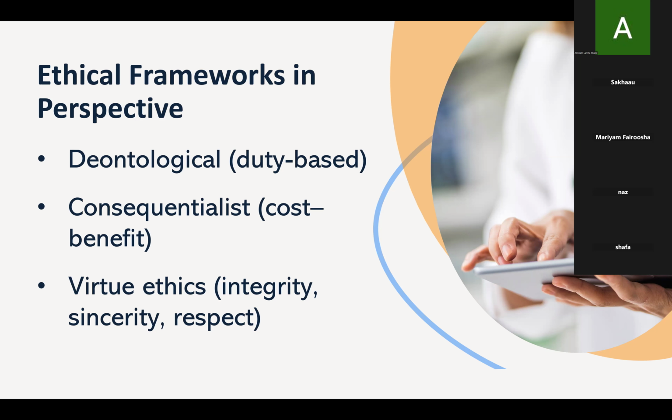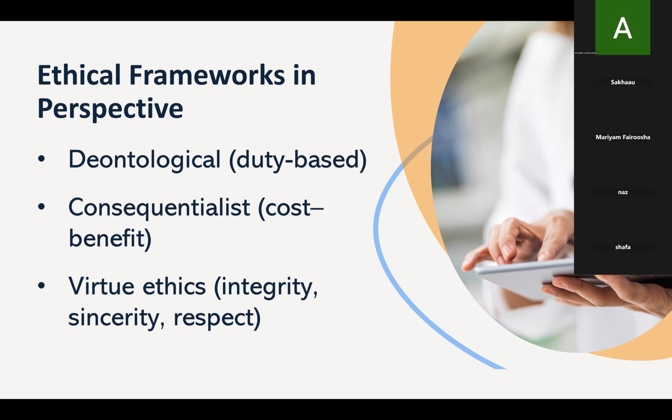But there may be cases where a lie may actually lead to a better consequence. Some may say that. However, in the case of deontological frameworks, that cannot be done. So that is duty-based. Always it should be the right action.